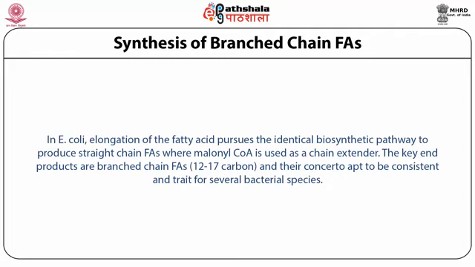The key end products are branch chain fatty acids between 12 to 17 carbon atoms, and their concentration is apt to be consistent and a trait for several bacterial species.